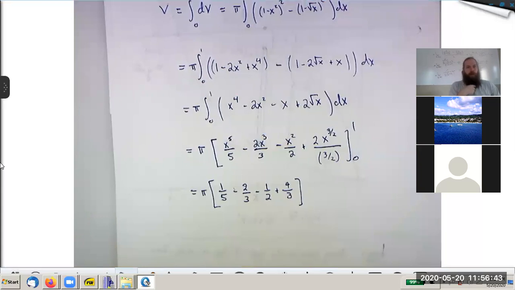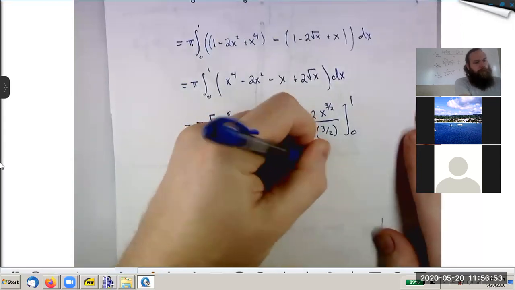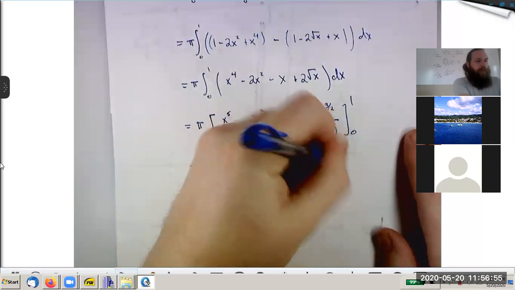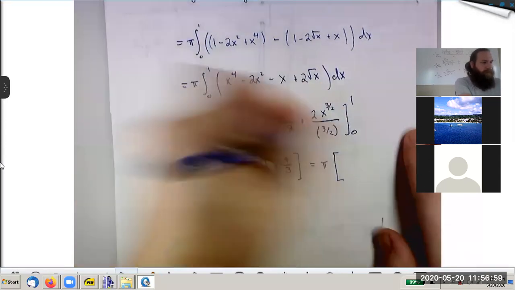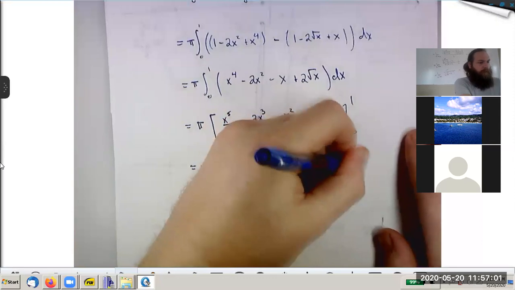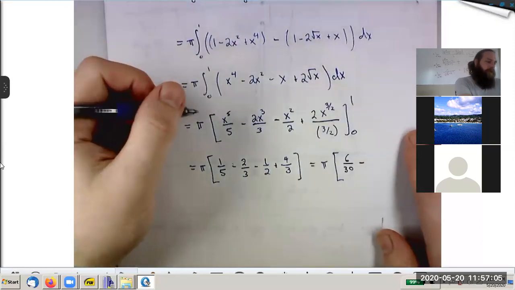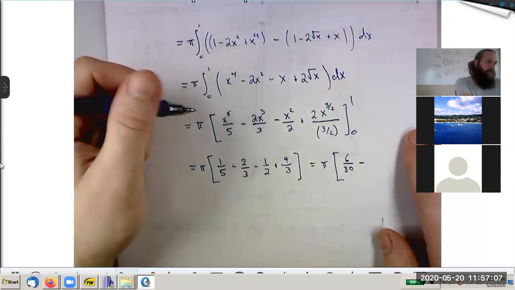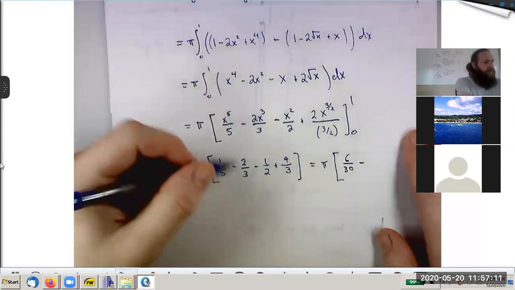And then we can put the bits together if we want to. A reasonable common denominator here would be 30, I guess. It's a bit of a mess. So this is pi times 6/30, right? Minus 15/30, right? No, what is this?